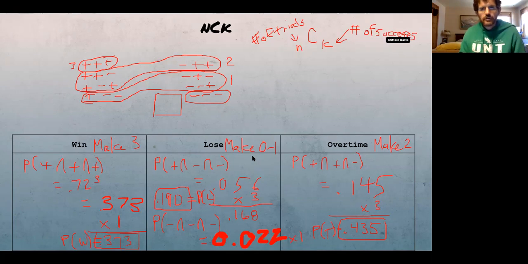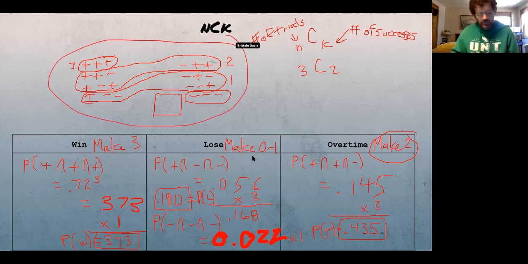So in this case, if we have 3 trials, 3 free throw shots, and we're going to choose the number of successes, if we're talking about overtime, that's 2 successes, making 2 of them. So 3 choose 2. This is not that hard to do. We just did that right over here, and it's not that big of a deal. But it gets way more difficult if we have a lot of trials. So as an example, I'll show you how to do this on the calculator.